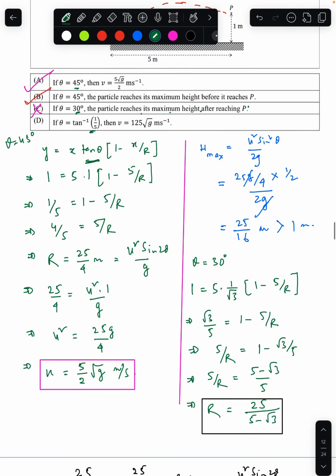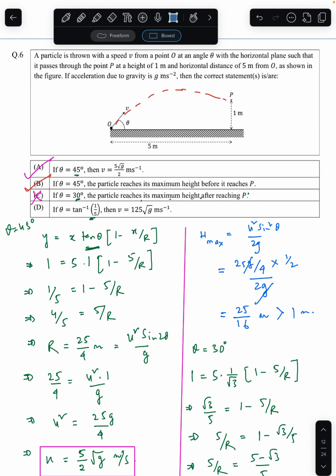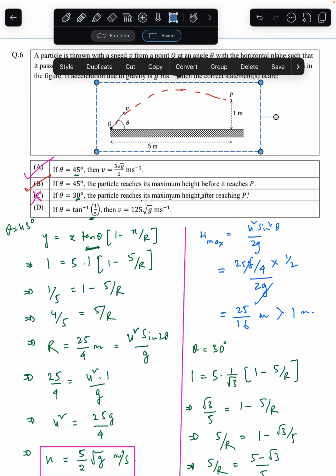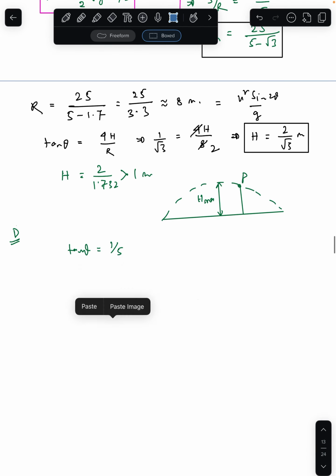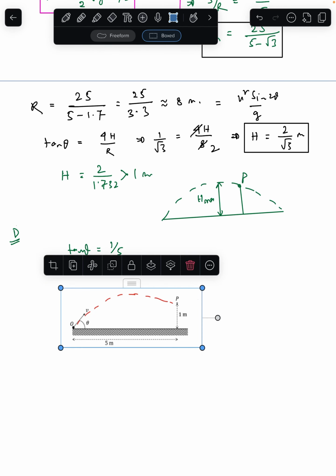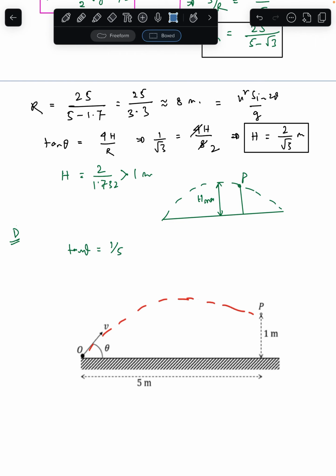If you look at tan theta, which they have said to be 1 by 5, go back to the diagram. If you check the diagram, we will observe a very interesting thing over here. Draw this straight line from here to here. So basically they are saying that this is the angle theta.